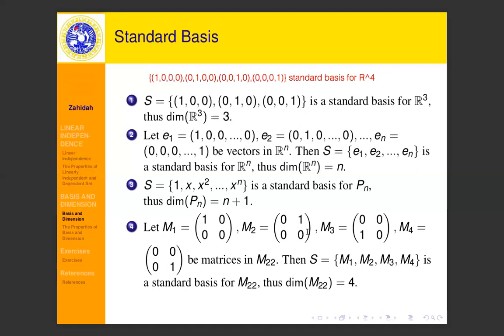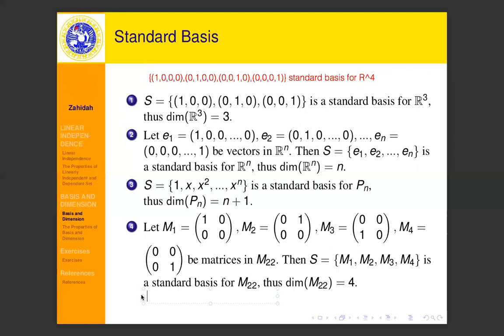Okay, all of the matrices in 2 by 2 matrices. Then the set S, M1, M2, M3, M4, is a standard basis for M22, the set of all 2 by 2 matrices. So the dimension of 2 by 2 matrices is 4.